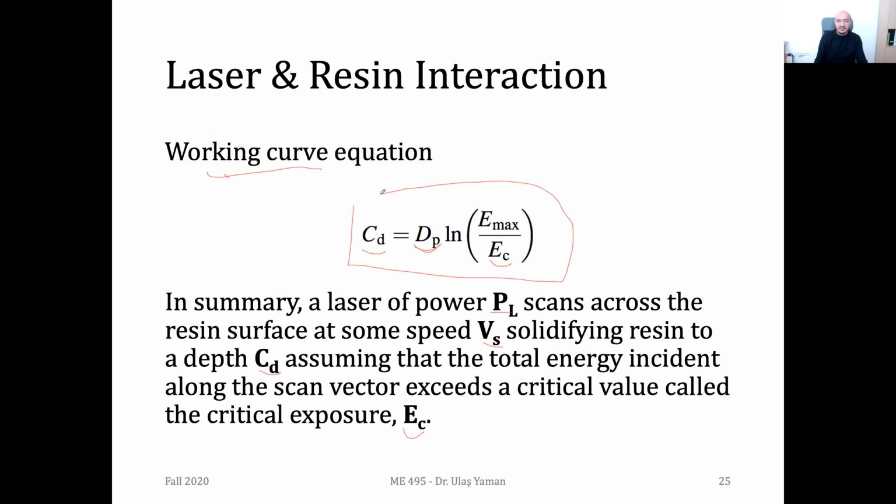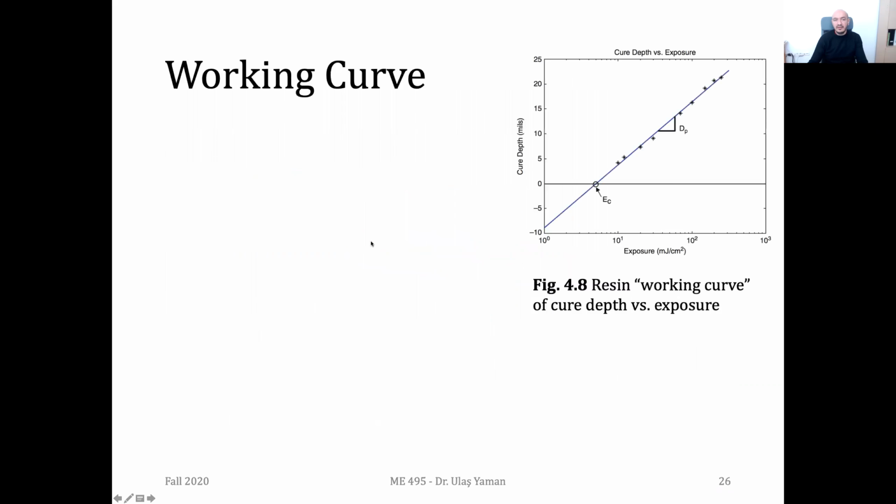Now I will show you in the next slide that these two are resin parameters. You can obtain them by doing some experiments. After you get them, you can comment on the CD value for different cases. This is an example of a working curve. How do we obtain it?